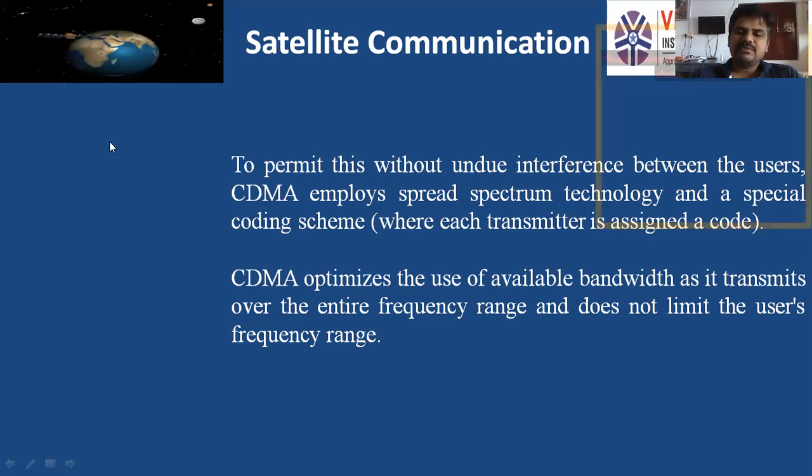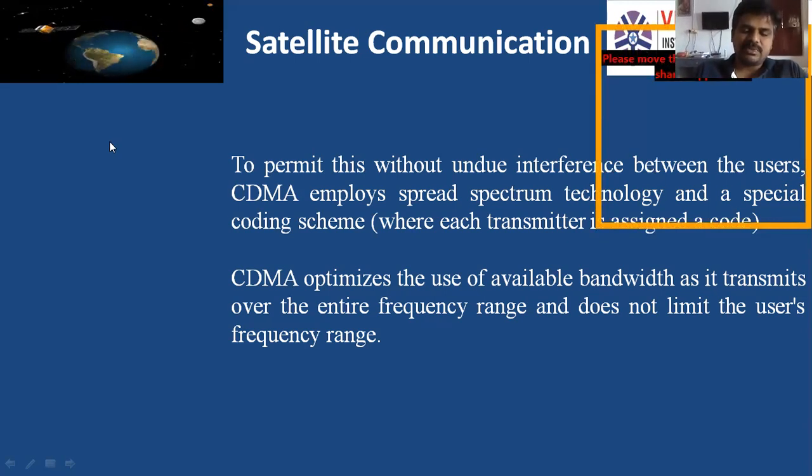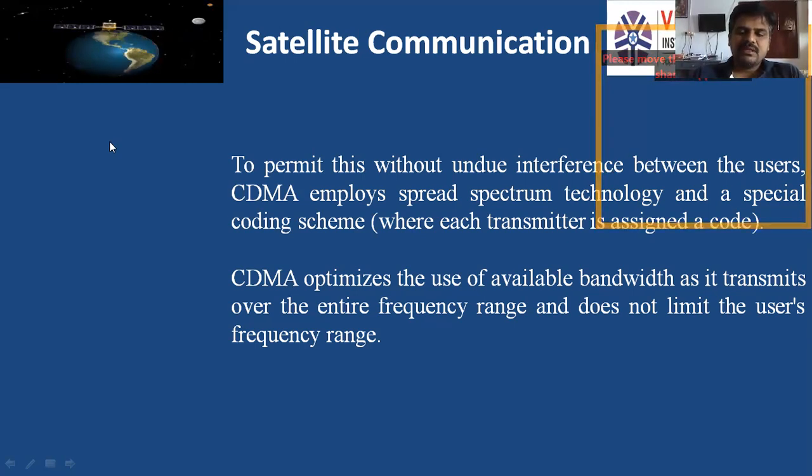Similarly, if a time slot is given to a particular user and the user is not utilizing the bandwidth, then for that time slot the bandwidth is not used properly. So here the aim is efficient utilization of the bandwidth. This can be achieved using code division multiple access.